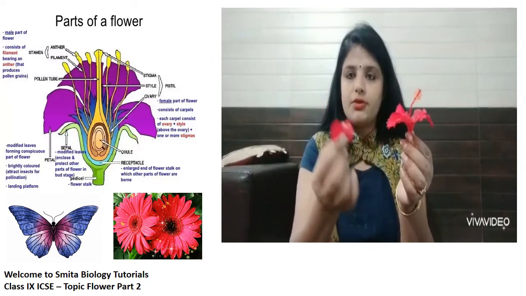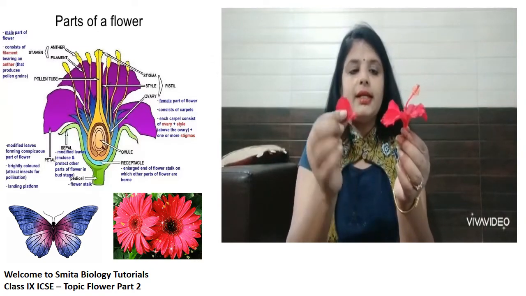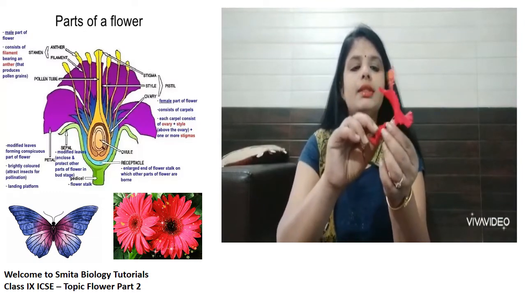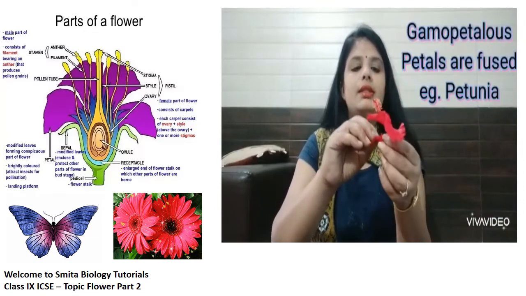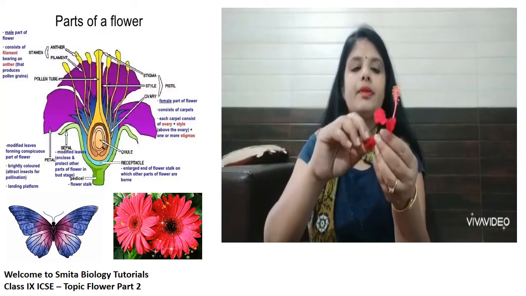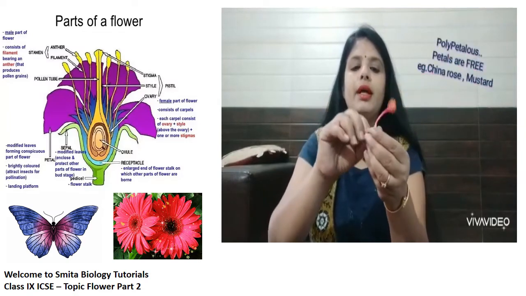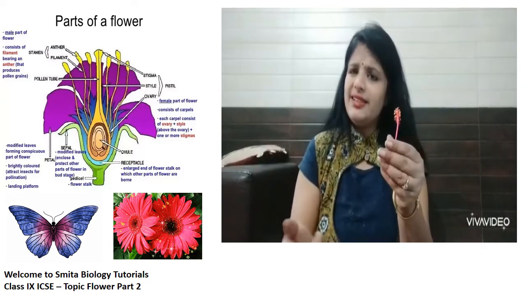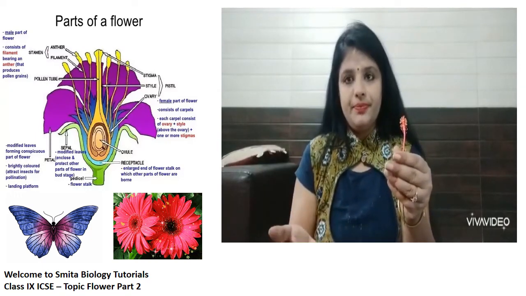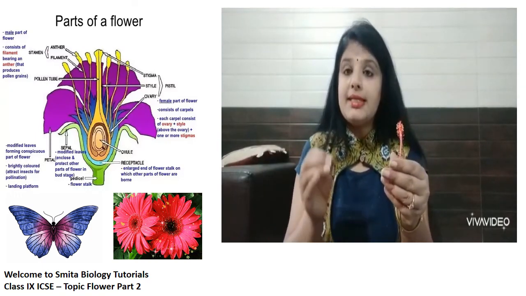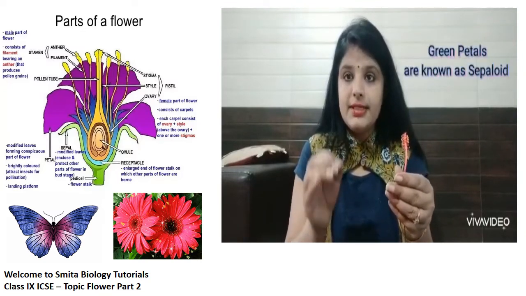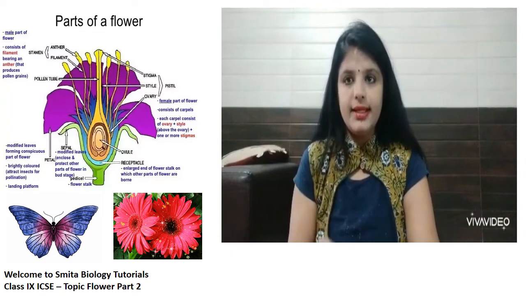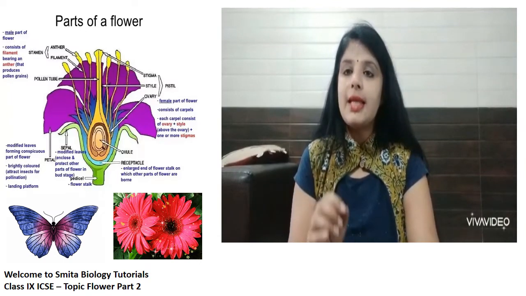So this Hibiscus rosa sinensis has 1, 2, 3, 4 and 5 petals. Clear? Generally petals are colorful. But if petals are green in color, please mark my word, then it is known as sepaloid.